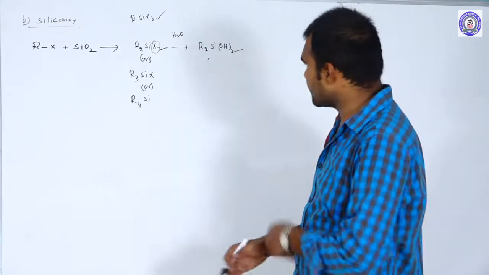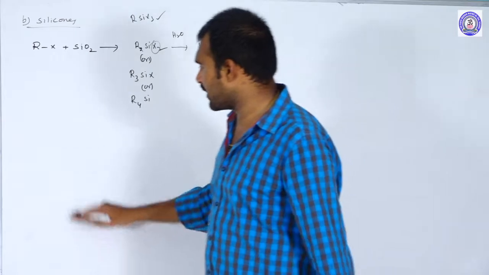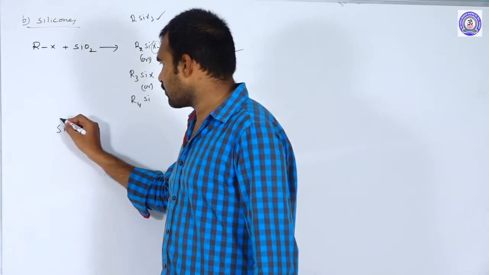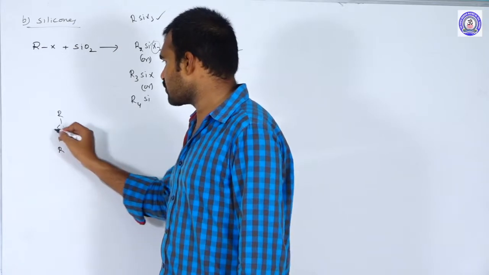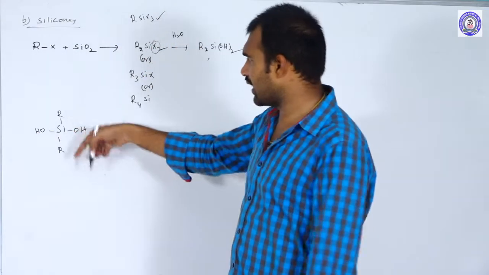Using these monomers, they undergo polymerization. Let us see how they polymerize. Take Si with R, R, OH, OH, dialkyl silanediol.